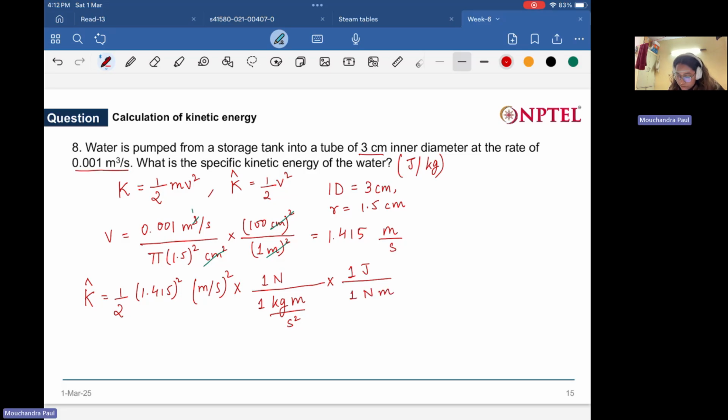When we remove the common units like centimeter square, meter square, and Newton, we will be left with joule per kg.